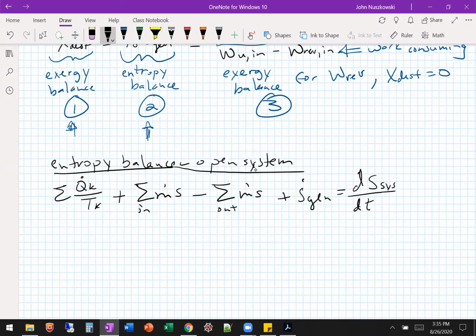All right. So we already said steady state. We have heat transfer, right? What's the temperature of that heat transfer?